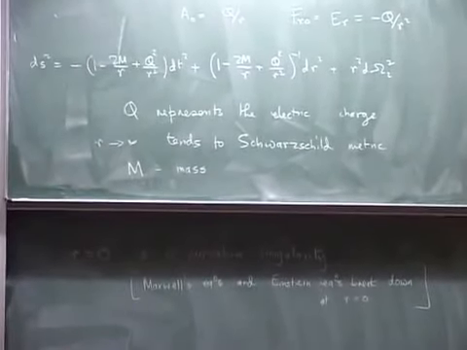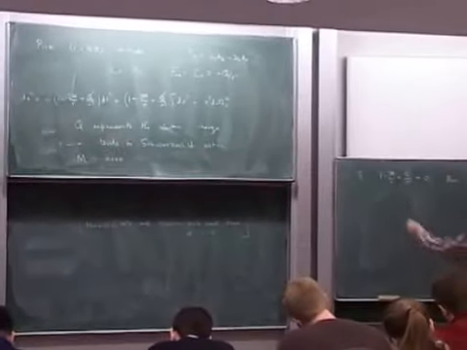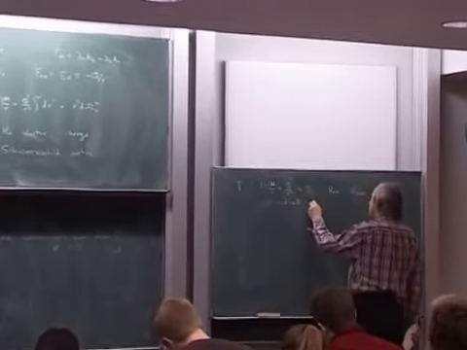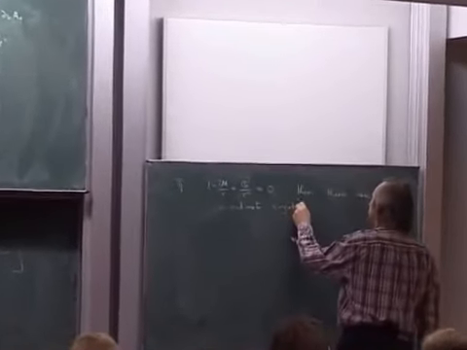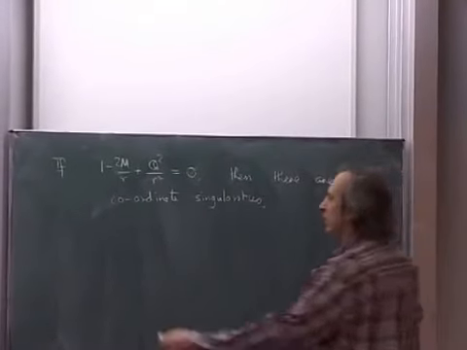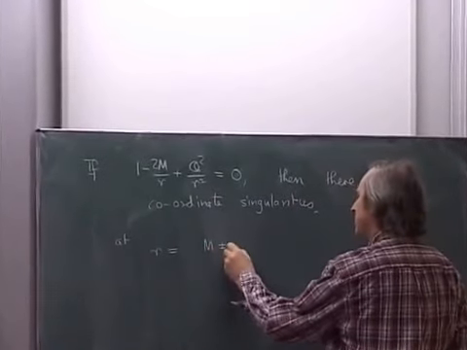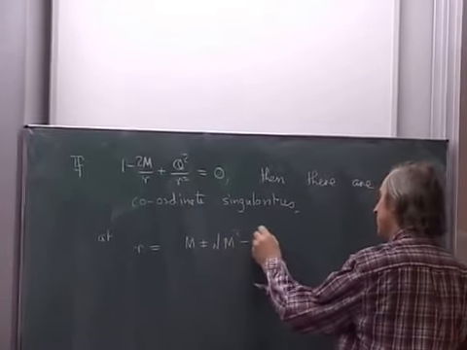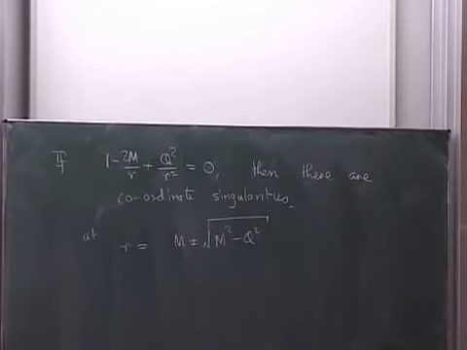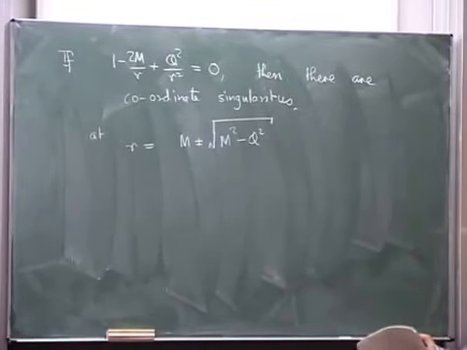But if it does equal 0, then there are coordinate singularities. These will, of course, happen when r is equal to m plus or minus the square root of m squared minus q squared. Now this of course brings us to a very important point. If you think about this, this means there must be 3 separate cases.